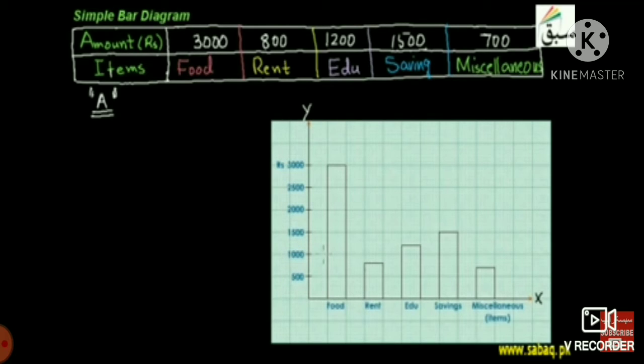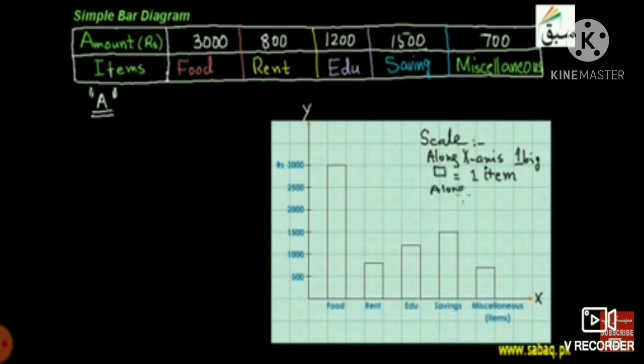For which item did they spend the most? Food is highest, 3000. Scale is very important here. What scale have they taken along the x-axis?